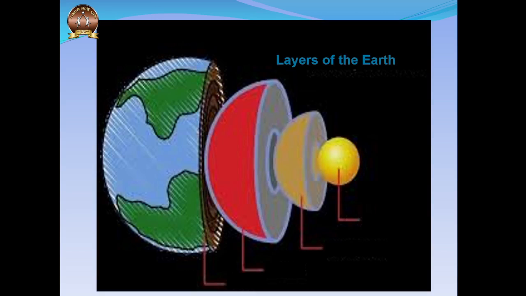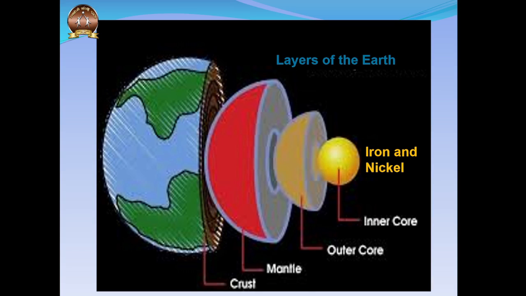This property, where does it come from? For this, you need to remember what we have learned about the layers of the earth in grade 5. We learned that the earth is made up of several layers, namely the crust, the mantle, the outer core, and the inner core. And the inner core is kind of a solid material made up of iron and nickel.